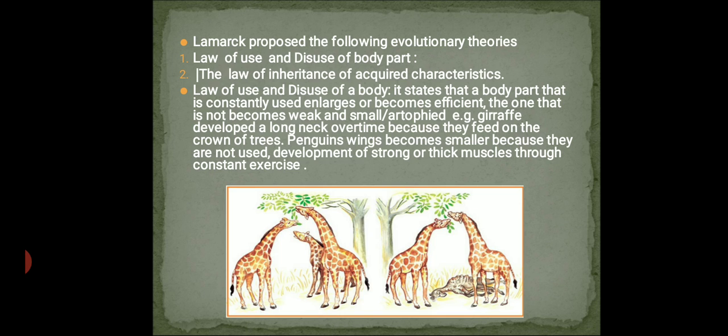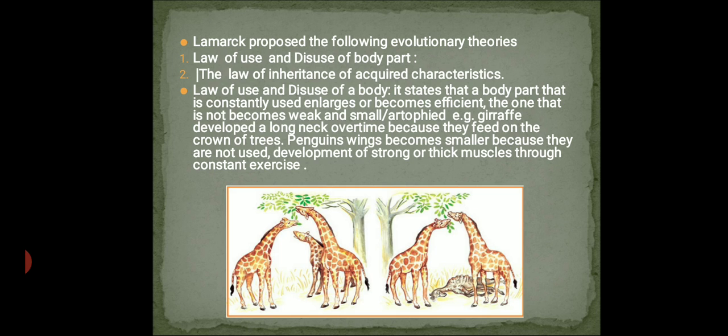For example, the giraffe develops a long neck over time because they feed on what? The crown of trees. Penguin wings become smaller because they are not used. And athletes develop strong muscles because of constant exercise.